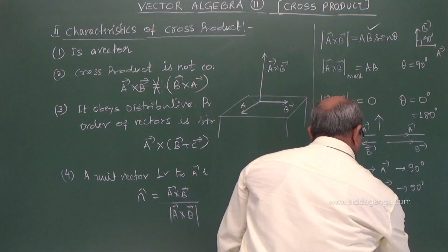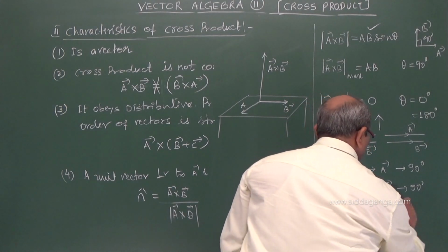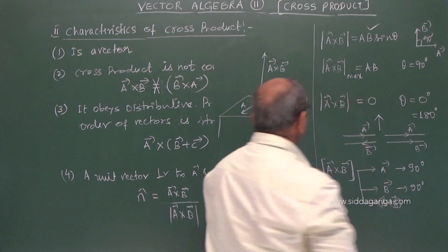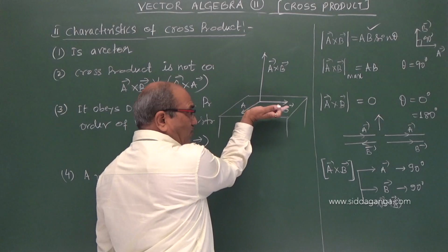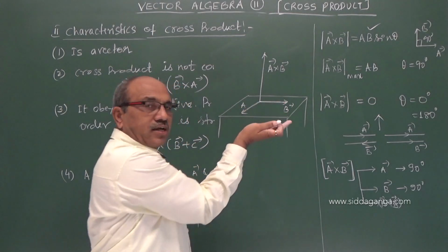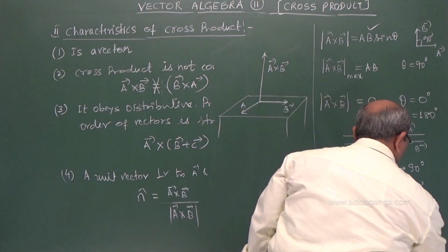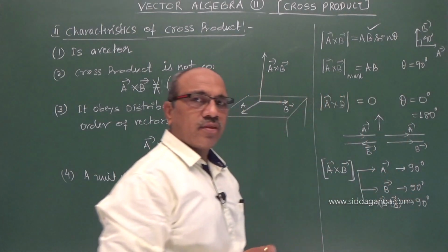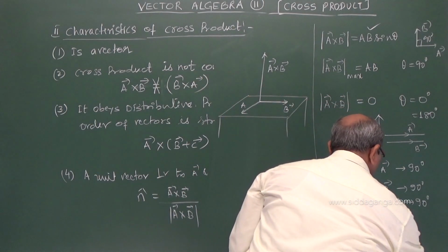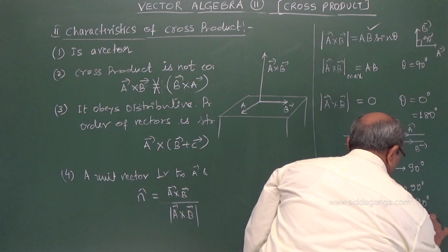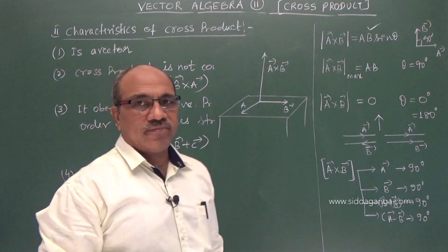Again, A cross B, and A plus B. If you take A plus B, another vector may come here, in the plane of the table, but the vector A cross B is perpendicular. So this is also 90 degrees. Even for subtraction, A minus B is also 90 degrees.